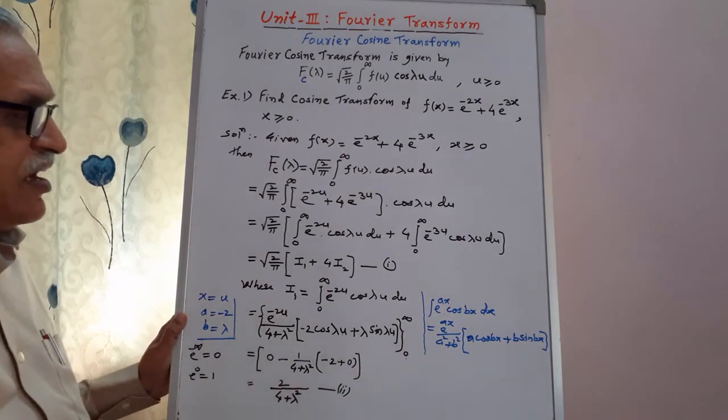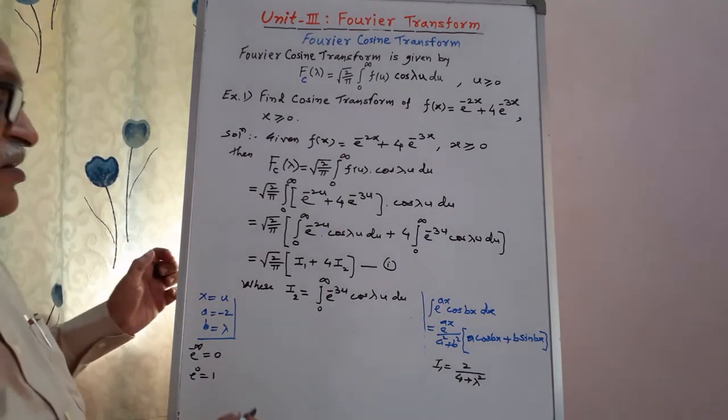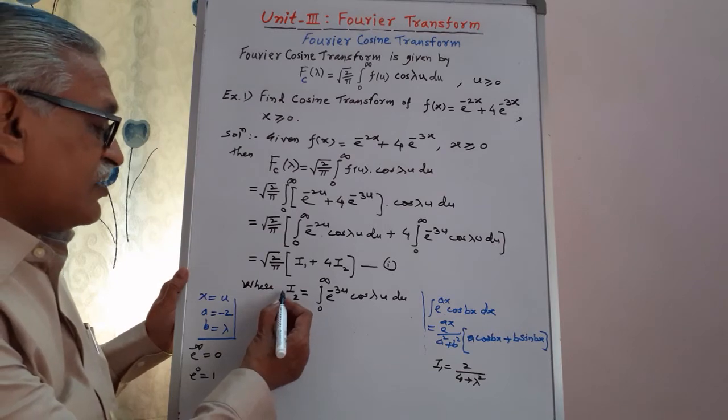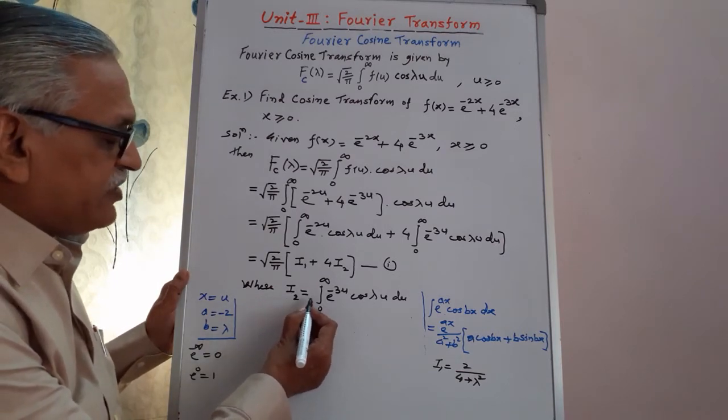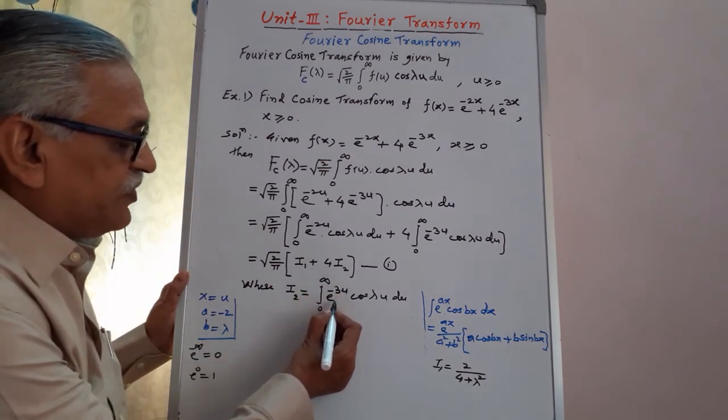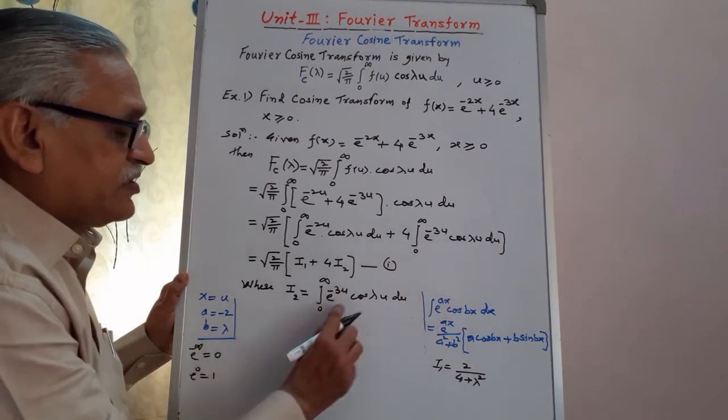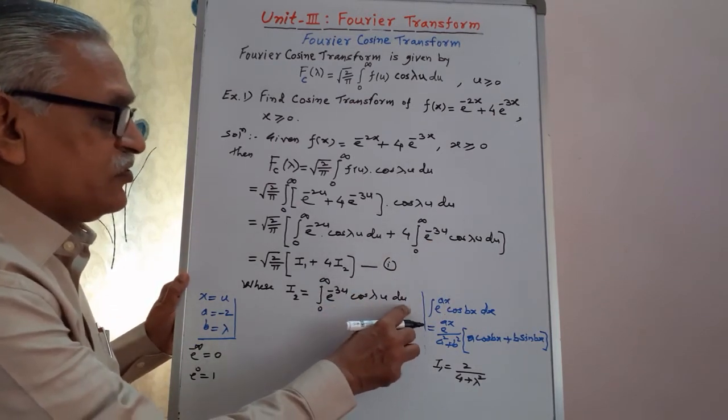Similarly, we try to find I2. Similarly, we find I2 as integration from 0 to infinity of e raised to minus 3u cos of lambda u du.